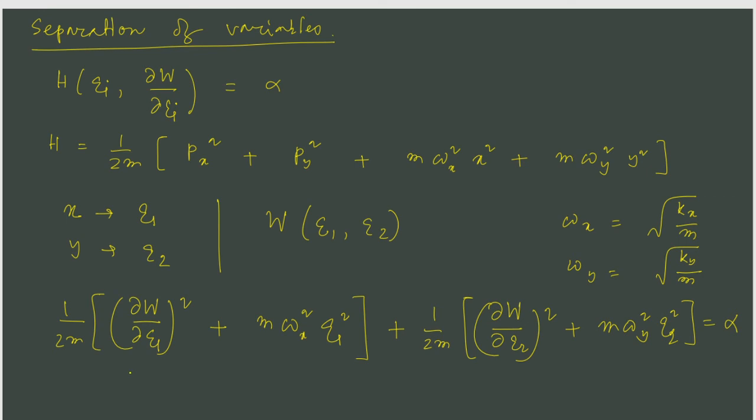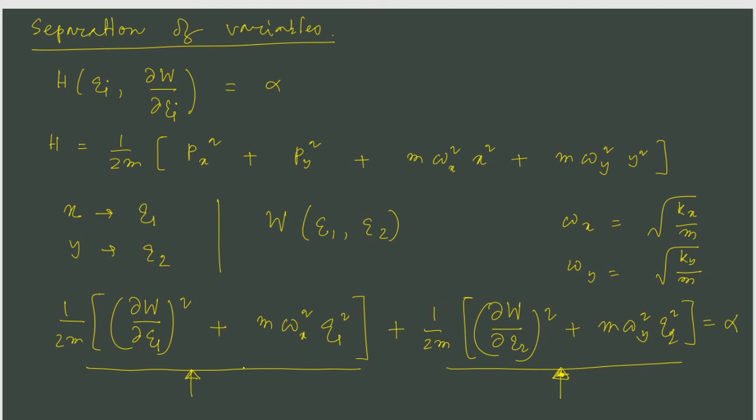Now, what would be this portion? We expect each of them to be constant. How so? Well, this is basically the energy of the oscillation which only involves q1, the motion along x, and this is similarly the total energy for the oscillation along y. Now, q1 and q2 are the generalized coordinates x and y, and the motion along x and the motion along y are completely separated.